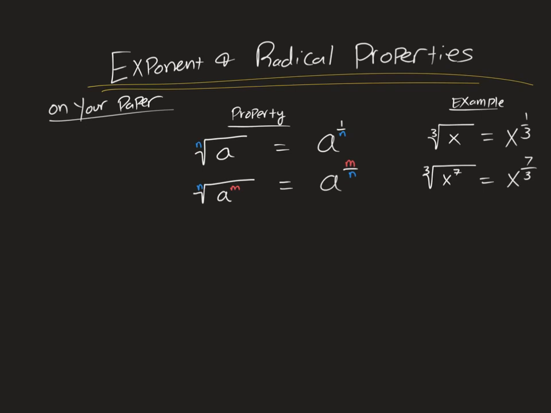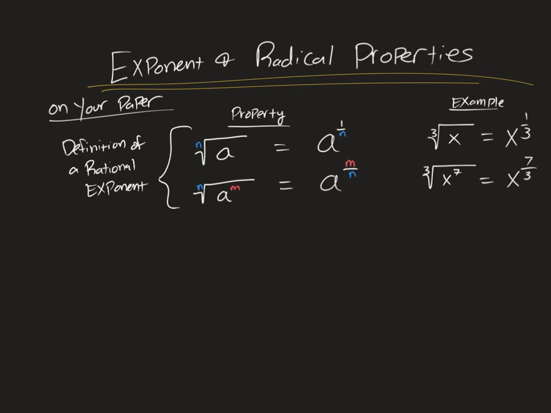And so on your paper, I really think that it is to your benefit to have the definition and an example so that you can refer back to them. In fact, I'm going to name these the definition of a rational exponent. Rational means fraction, exponent.